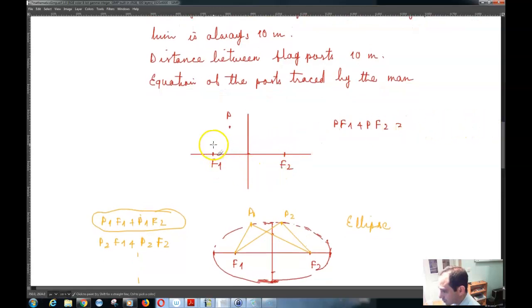So that means that this distance over here was 10 meters, and this distance over here is equal to... okay.